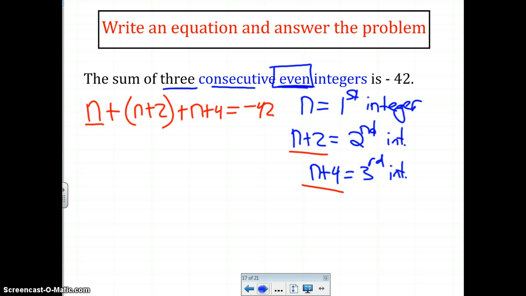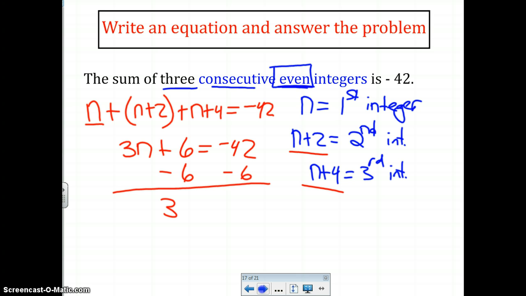Now it's just combining like terms and simplifying the equation. N plus n plus n is 3n, and then 2 plus 4 is 6. So we have 3n plus 6 equals -42. At this point I can subtract 6 from both sides, and I have 3n.